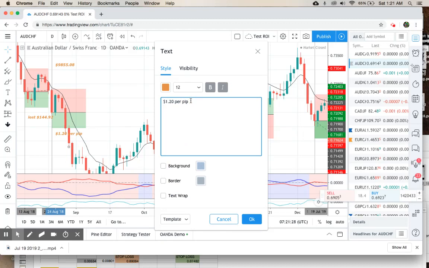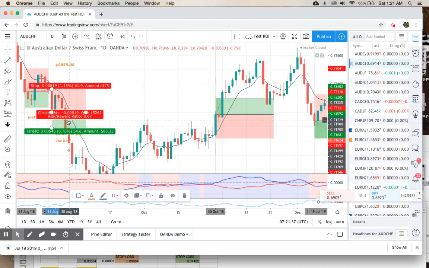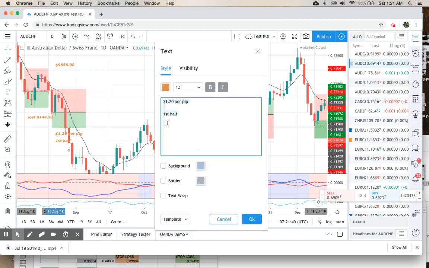So 54.6 times 1.20. So that is a win of $65.52.